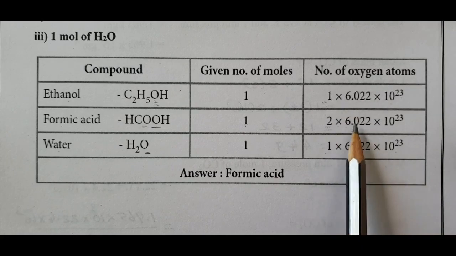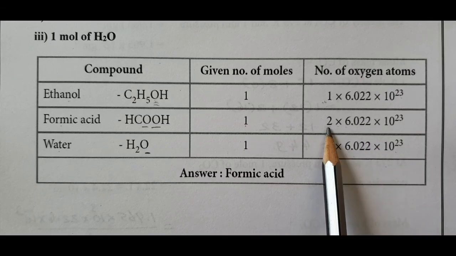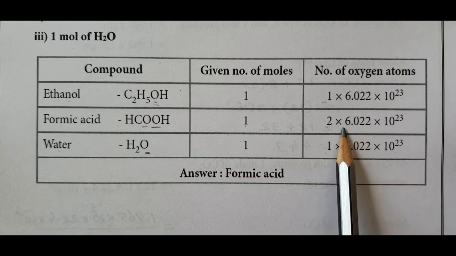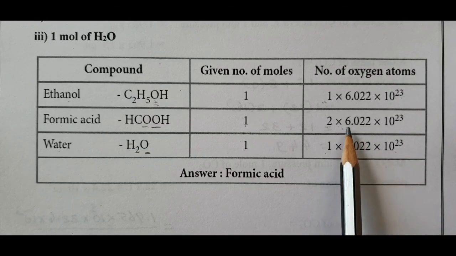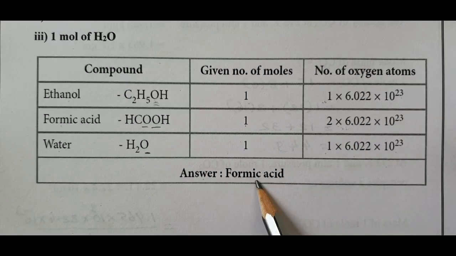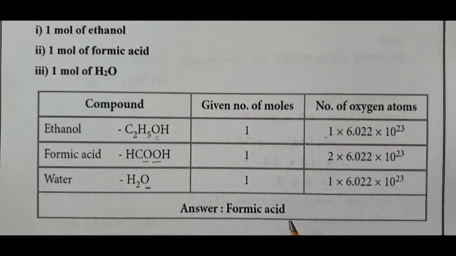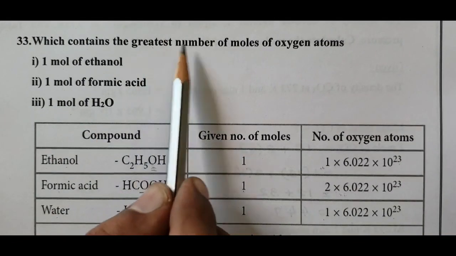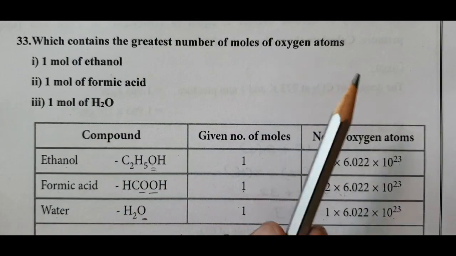When we compare these 3 numbers, formic acid 2 into 6.022 into 10 power 23 has greatest number of moles of oxygen atom. Therefore, the answer is among the 3 compounds given, 1 mole of formic acid containing greatest number of moles of oxygen atom.